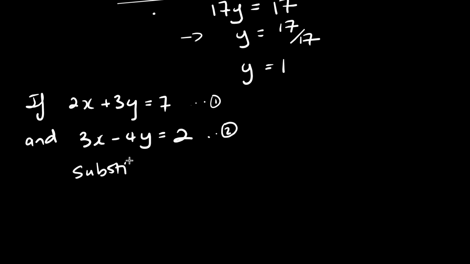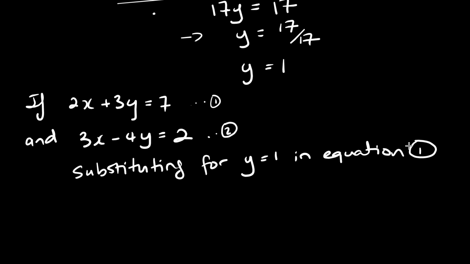Substituting. If I'm writing a statement, you don't even have to do this. Substituting y is equal to 1 in equation 1 gives, what are we going to get? We're going to get 2x plus 3 times 1 is equal to 7, right?